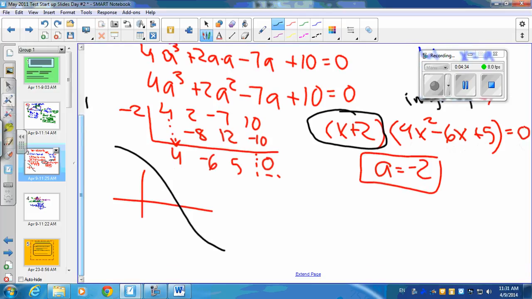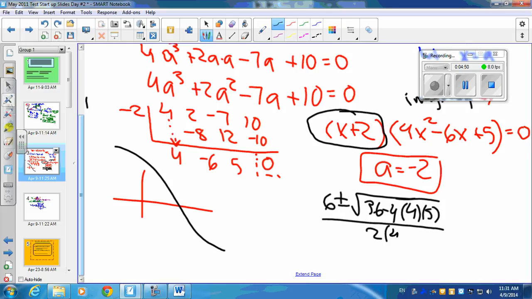So let's use the quadratic formula: minus b plus or minus the square root of b squared minus 4ac, all over 2a.